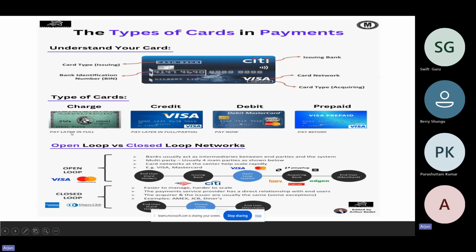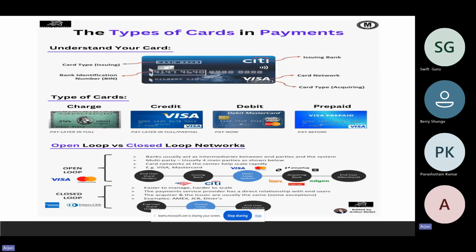American Express starts with three, Visa always starts with four, Mastercard starts with five, and Diners starts with two. The first 6 to 8 digits are called the bank identification number, and later we will understand why it plays a vital role in the payment sector.